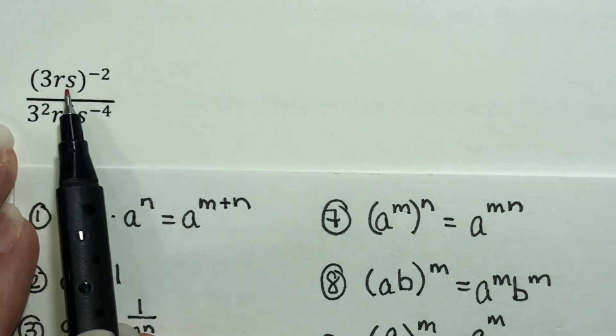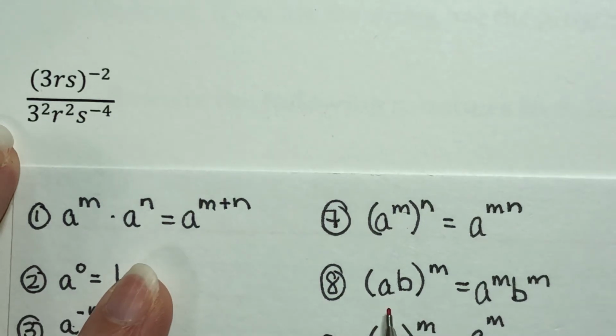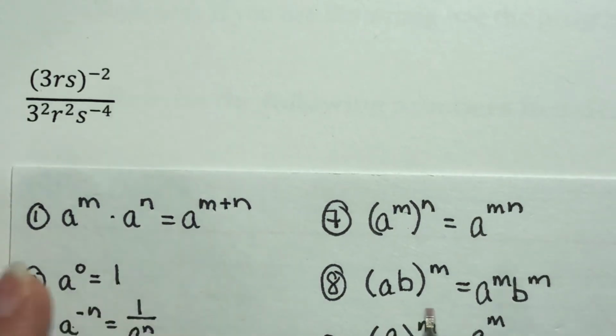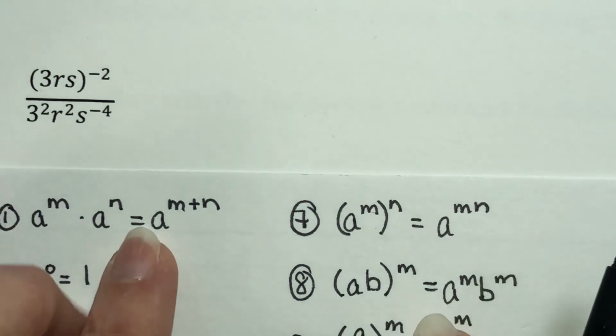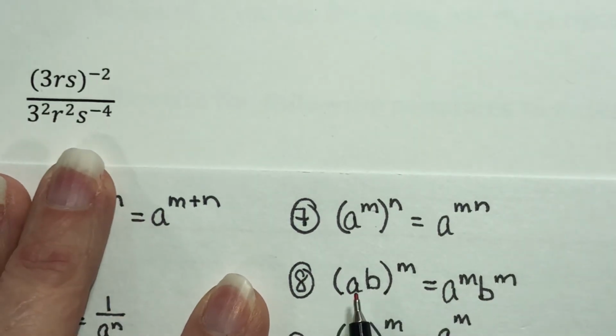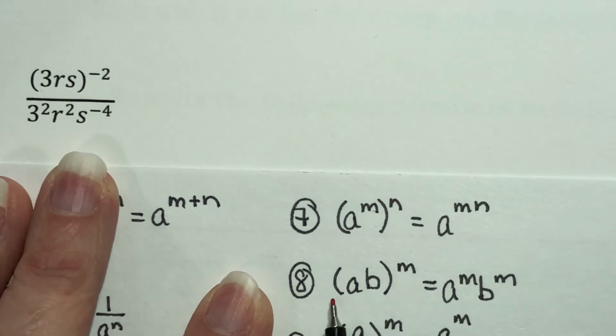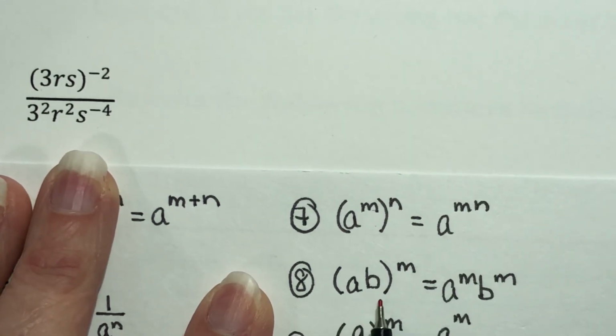When I have things multiplied together raised to an exponent, I really like to do property 8 first, well, almost always. Now, I mentioned in the first video of this section that this is written with 2 things multiplied together, but it applies to 3, 4, a million, 2 million, 573 gazillion, whatever number you want to think of. As long as it's all multiplication inside the parentheses, this works.